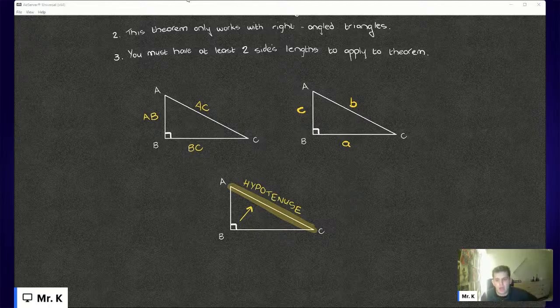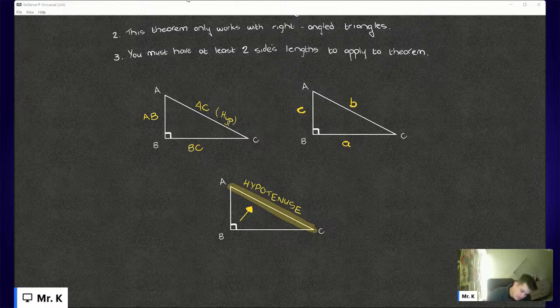Okay, the longest side of the triangle will always be opposite the right angle, and it's called our hypotenuse. You can abbreviate that with HYP if you so please. Just for your notes, not in a test or an exam, right?